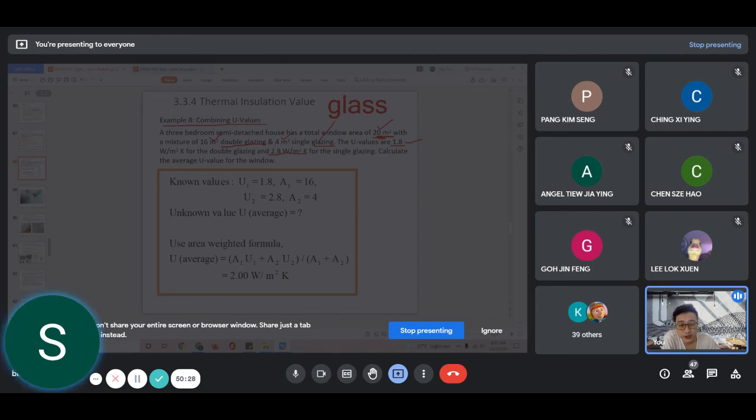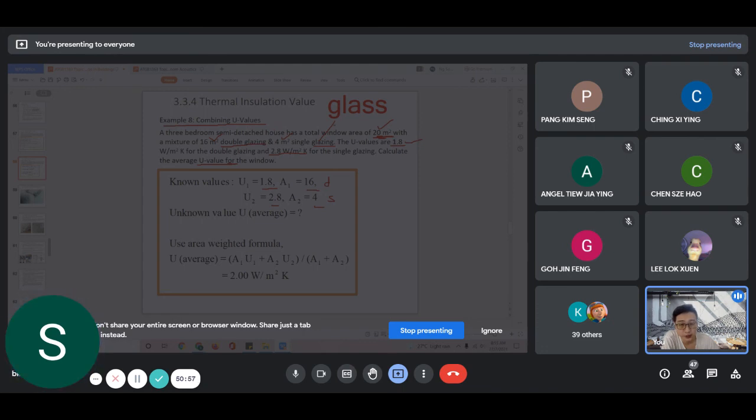So based on these two different insulation material applied to this glass, we are able to use the composite formula to find out what is the average U value. So you're given this and this. So this one is double, and then this one is single.